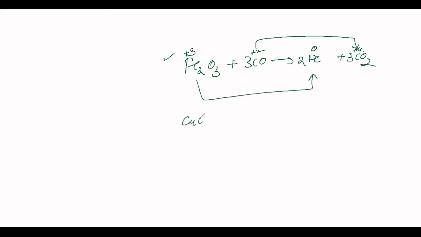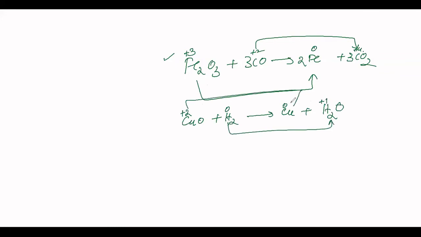Second one, CuO plus H2 giving Cu plus H2O. Copper is in the plus 2 oxidation state. Here it is 0, here it is 0, here it is plus 1. Therefore, this is getting oxidized, this one is getting reduced. So redox. Third one, best example for redox and disproportionation reaction.